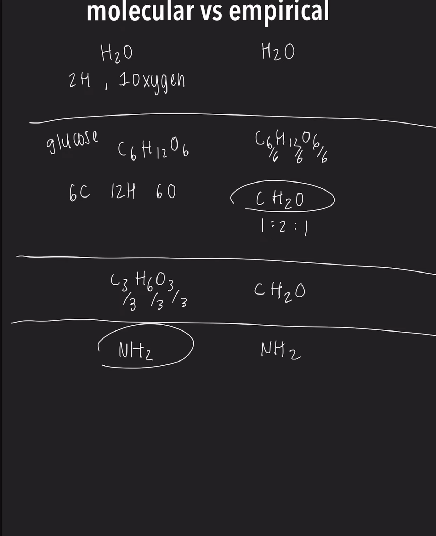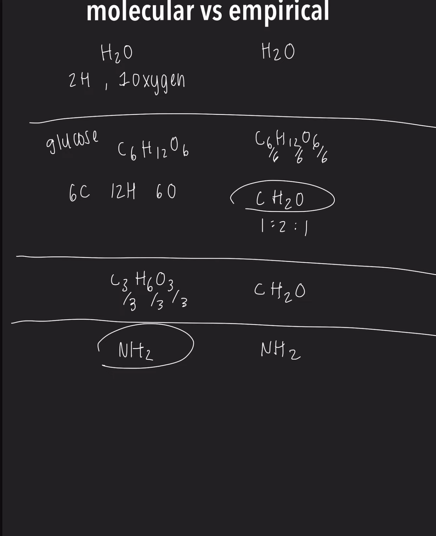So what are the key take-home messages? The molecular formula pretty much tells you what you have inside of that molecule. So for example, in NH2, I only have 1 nitrogen atom and 2 hydrogen atoms. The empirical formula tells you the lowest possible ratio.